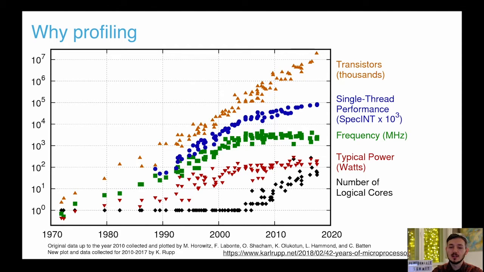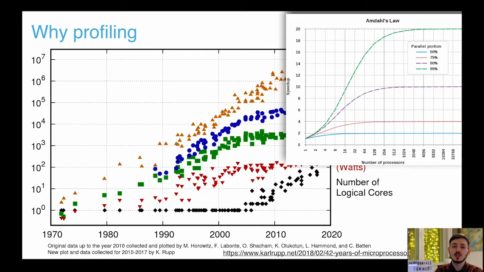And despite the number of logical cores still growing, due to Amdahl's law and contention, it's really hard to expect performance boosts like we had 20, 30 years ago.